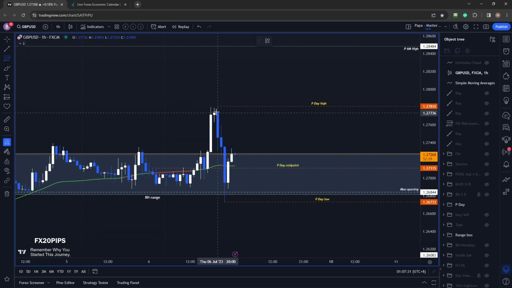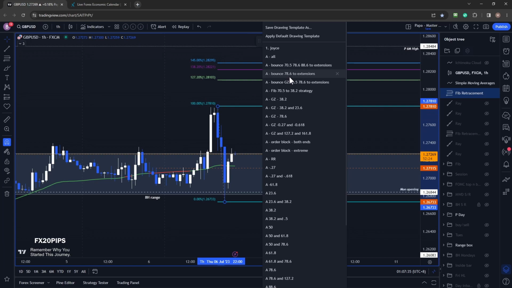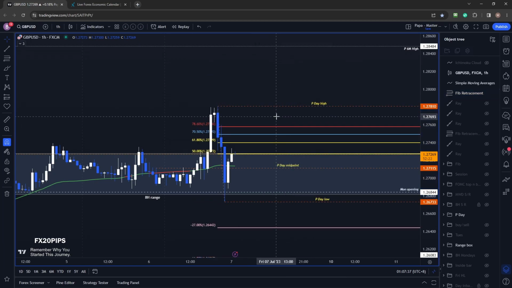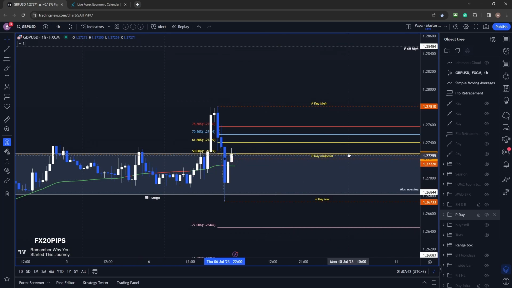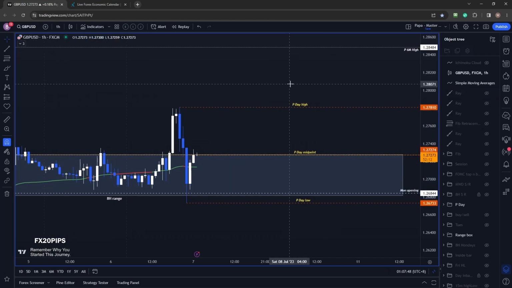Okay, this will be the previous day high, low. Get me back to the normal fib. So we got a high, we got a low, midpoint. 50% is around here. Okay, this is getting ready for tomorrow, which I strongly believe is just going to be ranging until non-farm payroll.